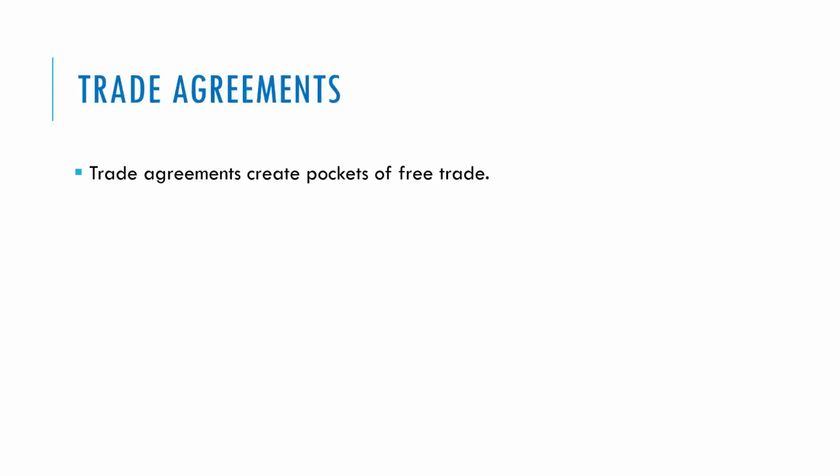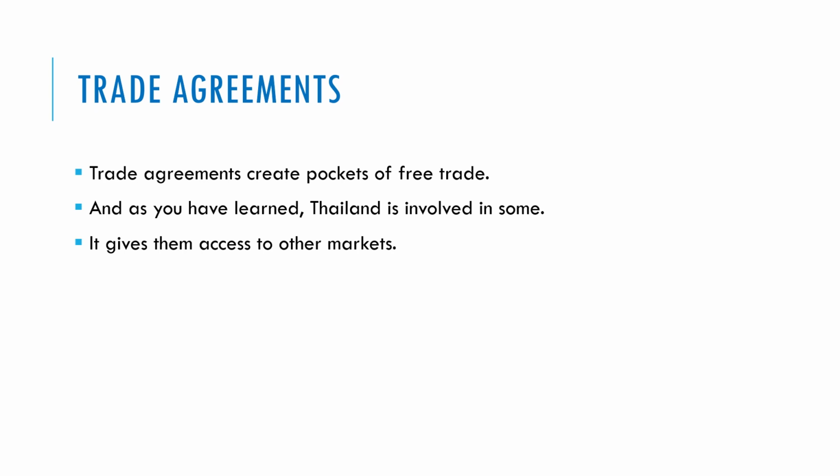Trade agreements, fortunately, have created pockets of free trade. We see trade agreements all over the place. And as you've learned, Thailand is involved in some of these trade agreements. And that means it gives them access to other markets. And gang, as I keep saying, trade is a key element in economic development.